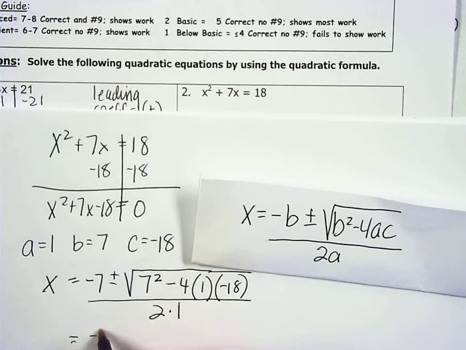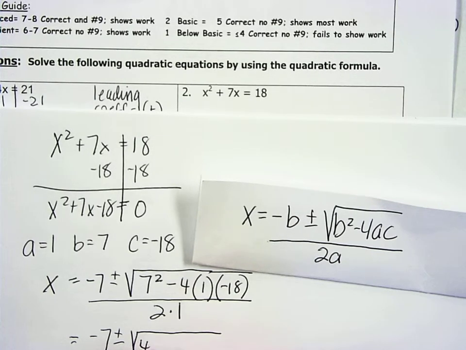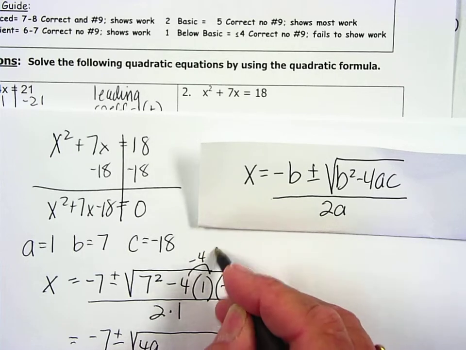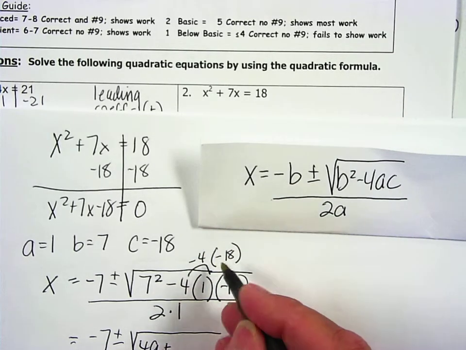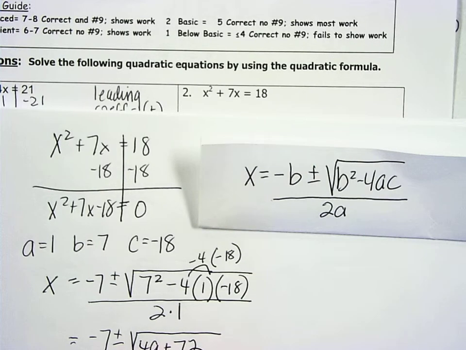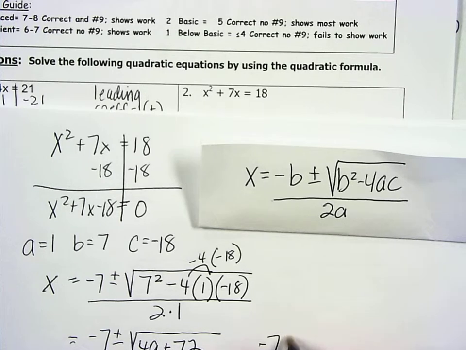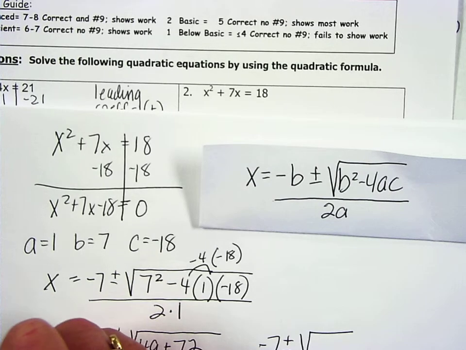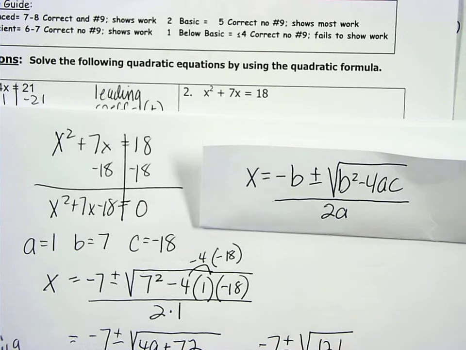So that would equal negative 7 plus or minus the square root of 7 squared is 49. Negative 4 times 1 is negative 4, and negative 4 times negative 18 is positive 72 all over 2, which equals negative 7 plus or minus the square root of 121. Yep, all over 2.